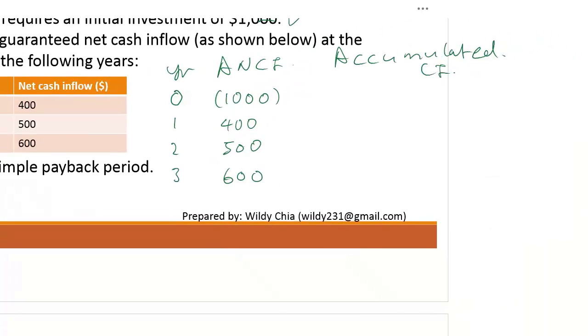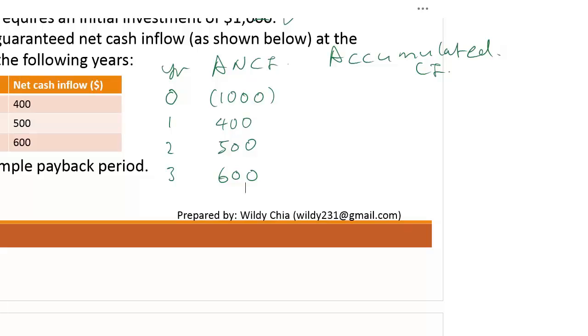So we are going to start with finding out what's our payback. Year 0, negative 1,000. So in all, we have a negative 1,000 of accumulated cash flows. Going on to year 1, observe here, I have negative 1,000, but I get 400 back at the end of year 1.